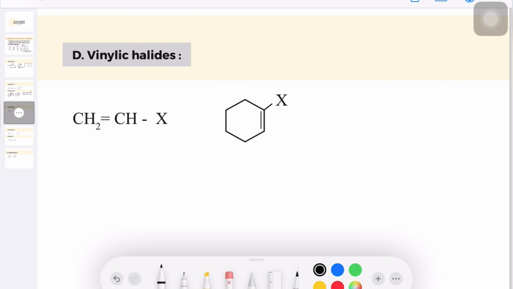Now D, vinylic halide. It is again very simple. What type of hybridization do you see here? That is a carbon-carbon double bond, so an sp2 hybridized carbon atom. Then what is the definition of vinylic halide? The halogen atom attached to an sp2 hybridized carbon atom. Such compounds are known as vinylic halides. Also in a closed chain, the halogen atom is attached to an sp2 hybridized carbon atom.